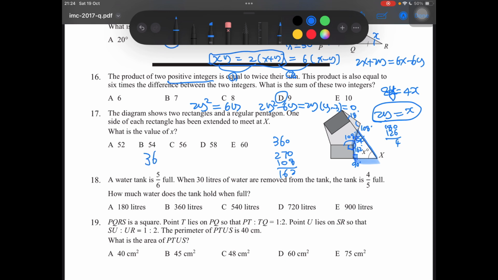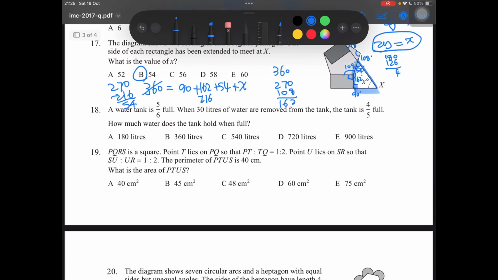So 360 equals 90, 162, 54 plus x. So x is 54.